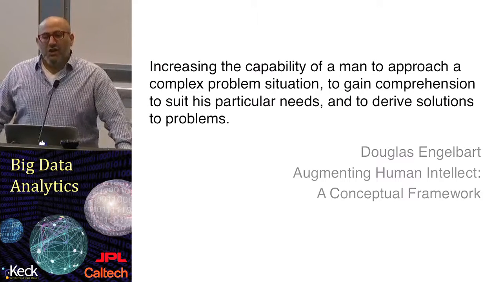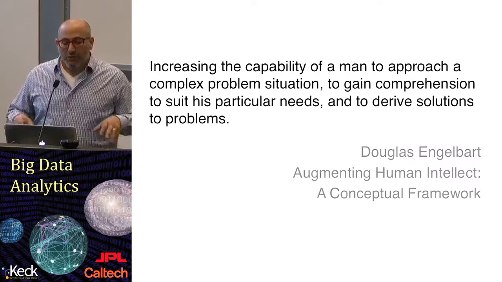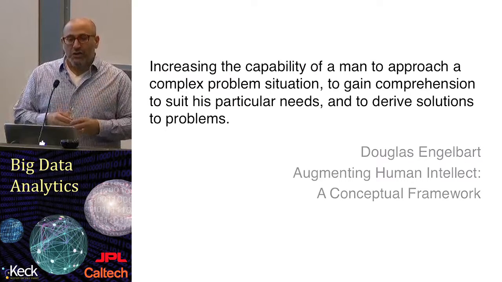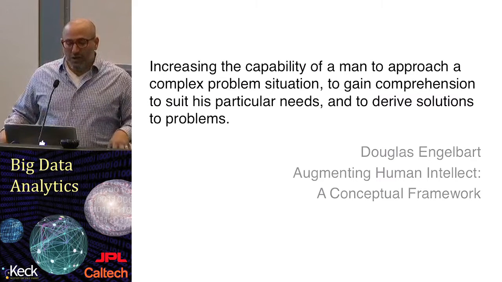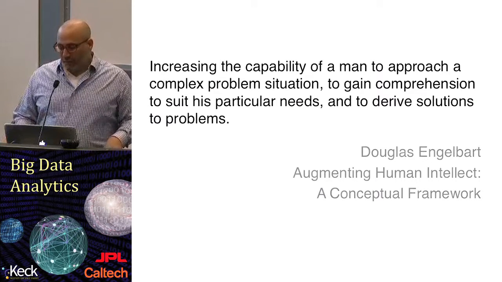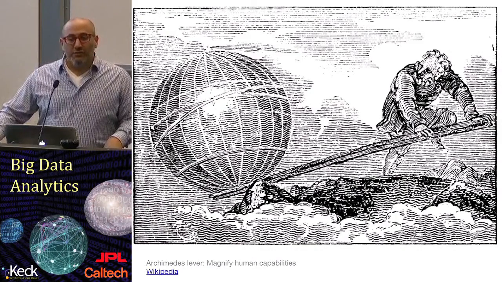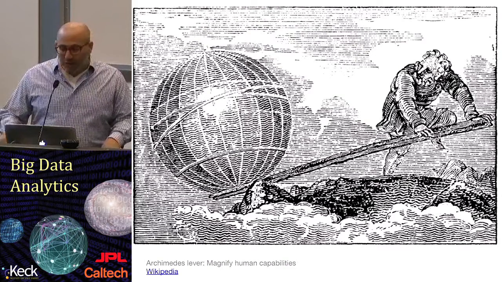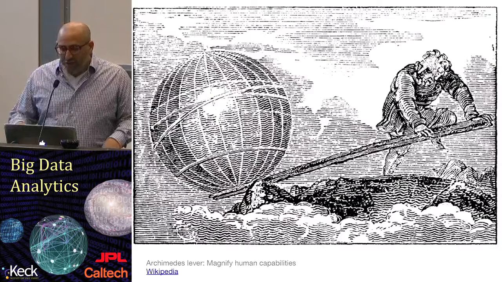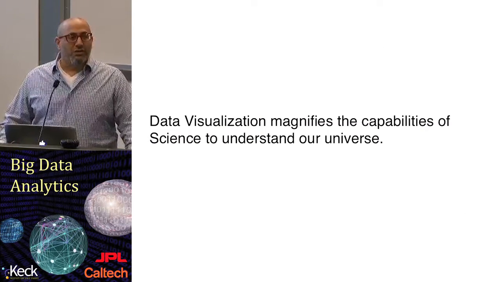It's not to try and replace human intelligence, but rather to increase the capability of humans to understand complex problems and derive solutions. Effectively, what he is saying is computing provides a lever that is rarely accessible through other media, and that data visualization magnifies our ability to understand science and ultimately the universe.